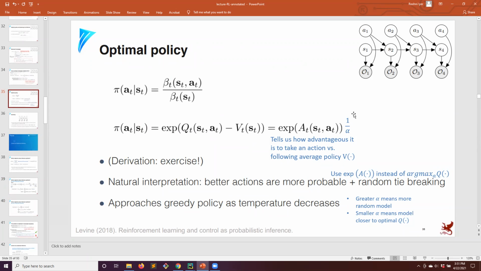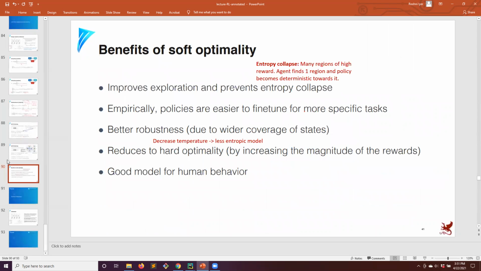There's this 1 over alpha term, and remember, when we adjust the temperature, so we have a greater alpha, then we are following a more random model. It has more entropy. But when we have a smaller alpha, then this thing becomes very large. So we actually are closer to the optimal Q, which is the argmax of the optimal Q. So we can introduce that 1 over alpha term to adjust this optimality.